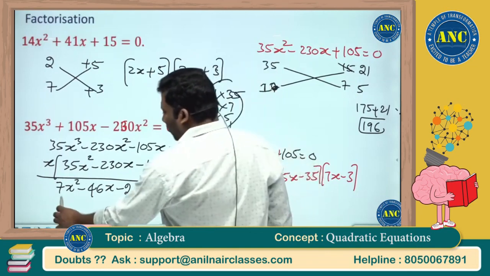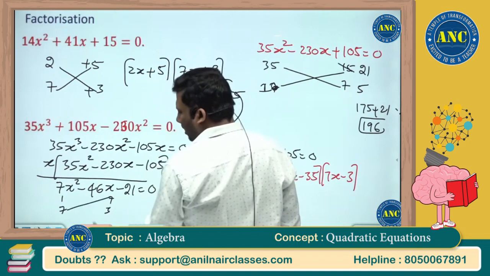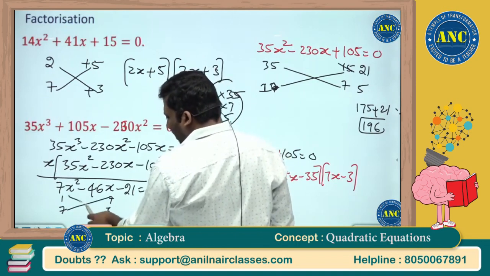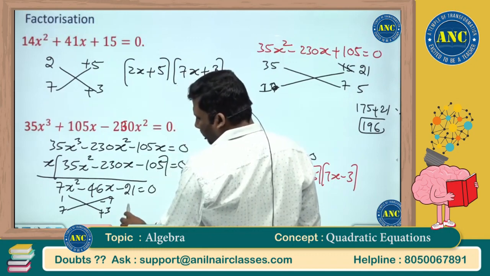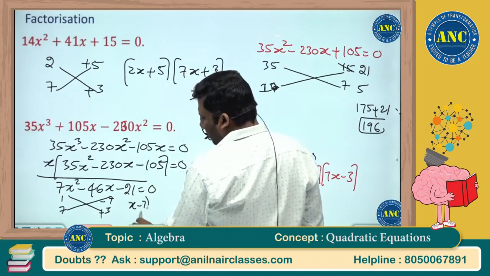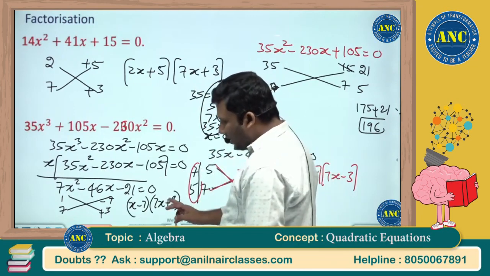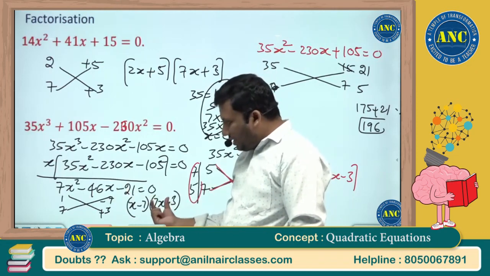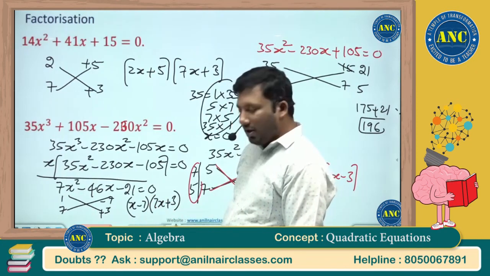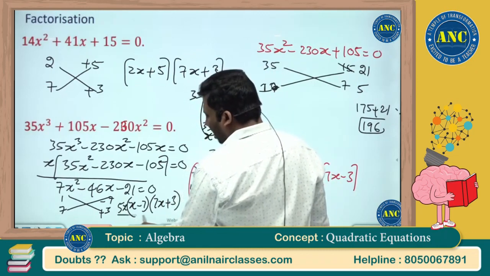So what will it be? 1 7 is 7, 7 3s are 21, 7 7s are 49. Minus and plus, so this will become x minus 7 into 7x plus 3. Am I right? So answer is 5 if I take common.